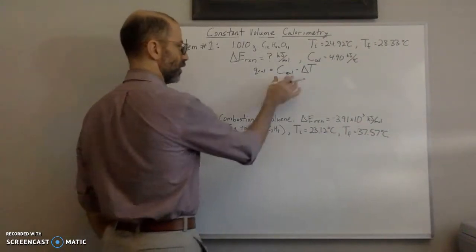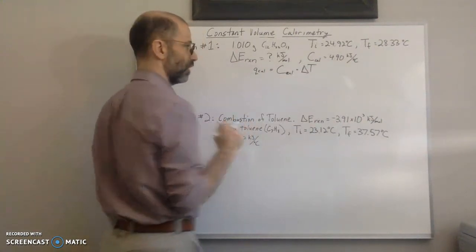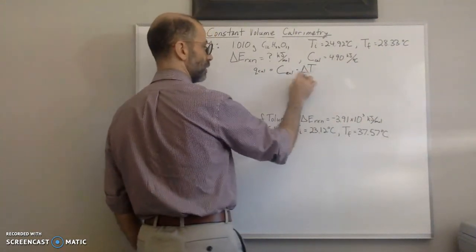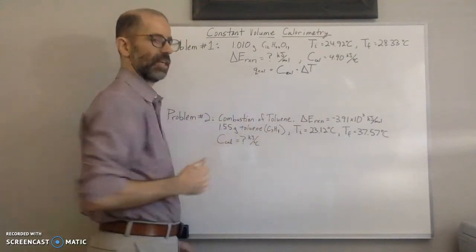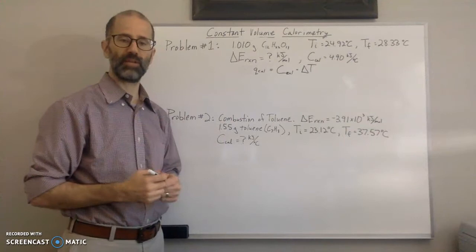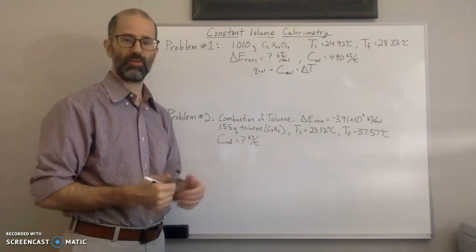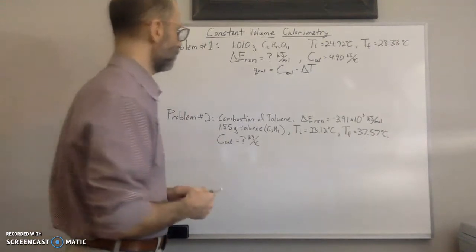So we can use the calorimeter constant multiplied by the temperature change. That's going to give us the amount of heat that is absorbed by the calorimeter itself, and that amount of heat is going to be the same as the heat evolved by the reaction.